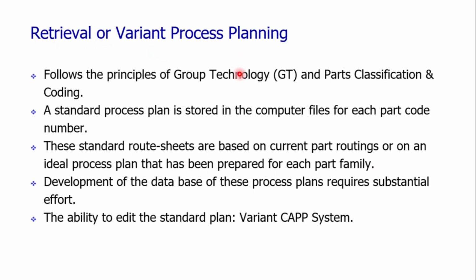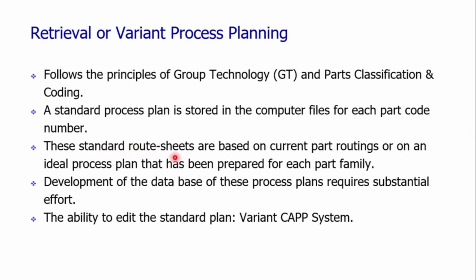This process planning system basically follows the principles of group technology. So we have seen that group technology is generating the part families based upon the design attributes and the manufacturing attributes. So in this process planning system, a standard process plan is created for each part code number.